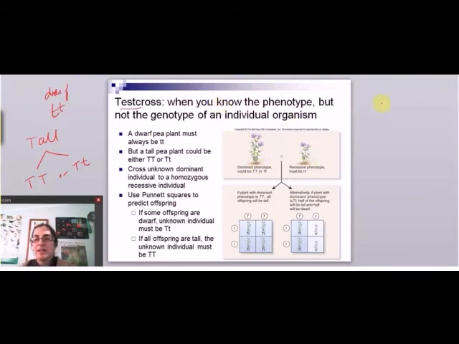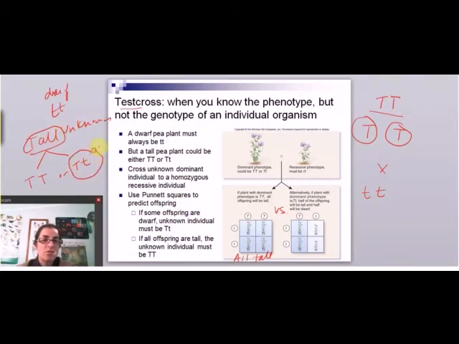So basically, consider that if you had the big T big T individual, right? So this individual can only make the big T gametes. If you cross them with the little t individual, so look down here at the Punnett square, you can see that I would get all tall offspring. But if I took the same unknown, so this is my unknown tall plant, if it was big T little t, then this is what the Punnett square would look like.